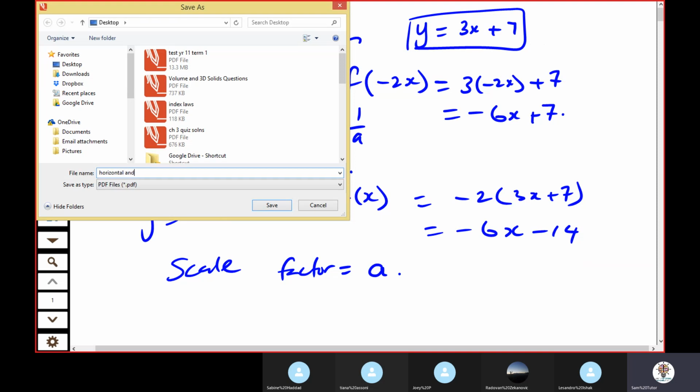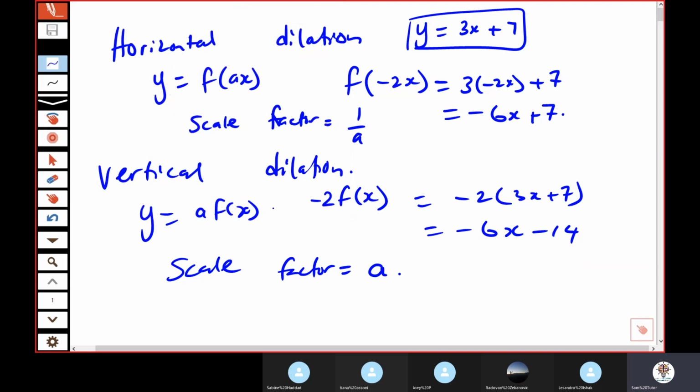Horizontal and vertical stretches and dilations. Okay, so let's go again before we do more questions.